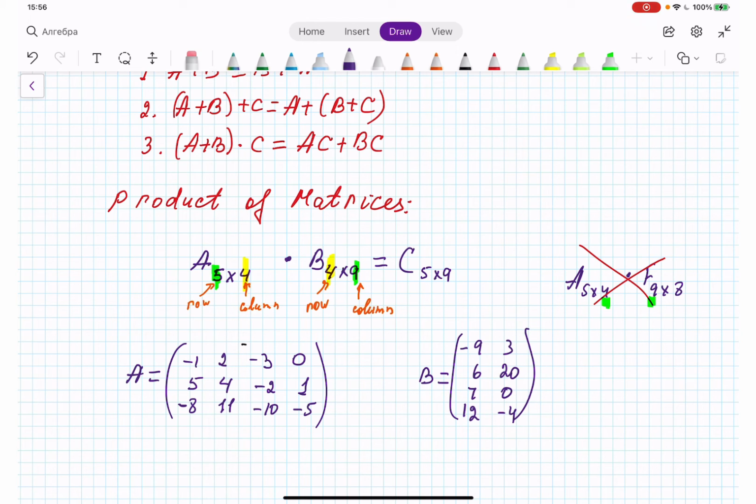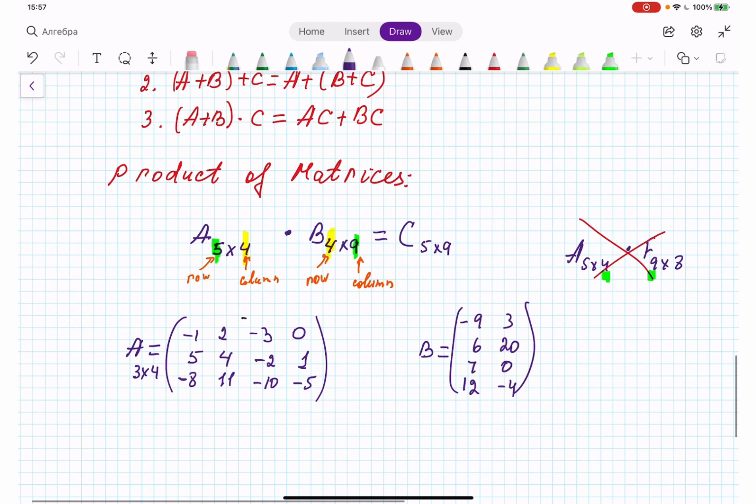Well, let's see. A has how many rows? 3, right? How many columns? 4. B, how many rows? 4. How many columns? 2. So as you can see, this number is equal to this number.